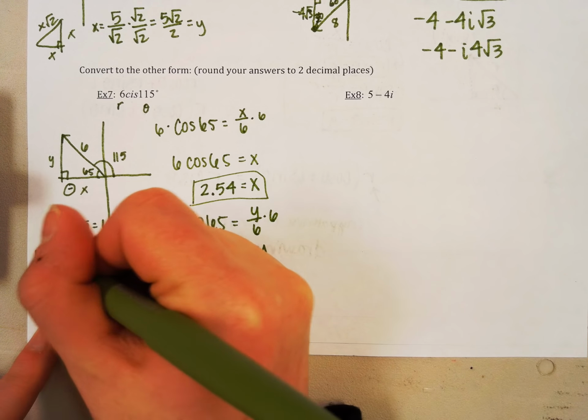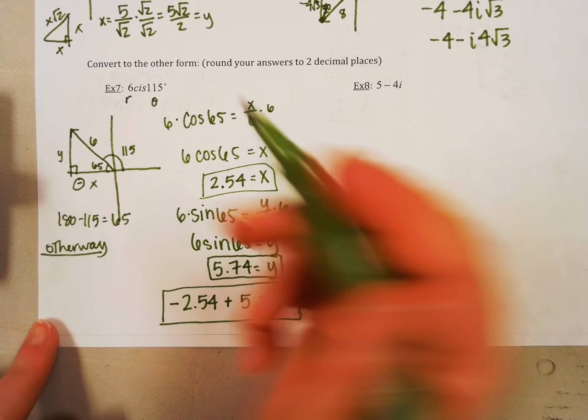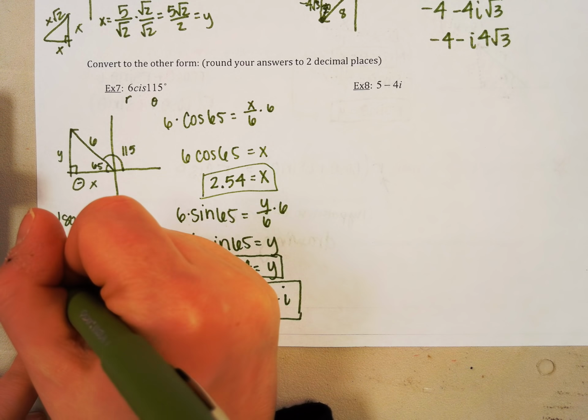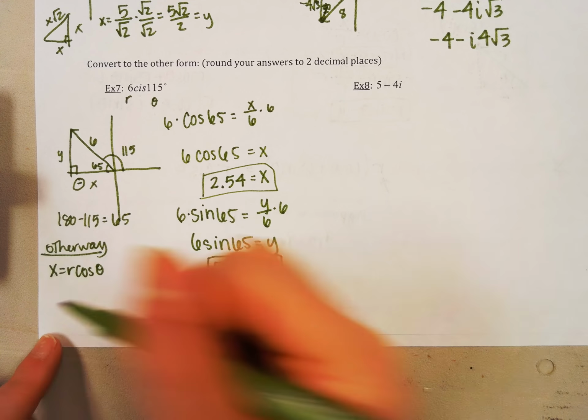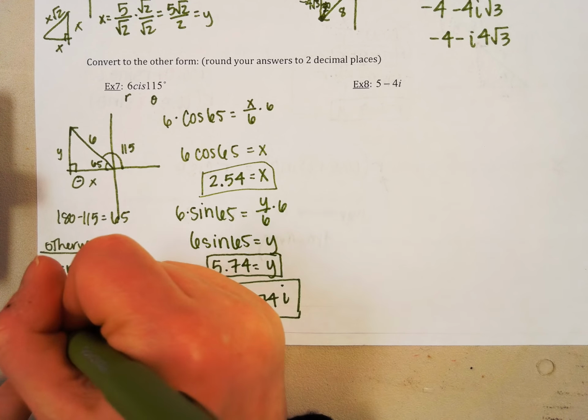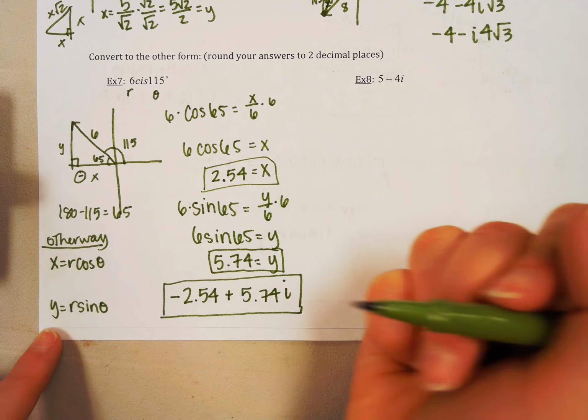The other way is to know that our rectangular coordinates are x equals r cosine theta and y equals r sine theta, and not draw a picture, although a picture always helps.